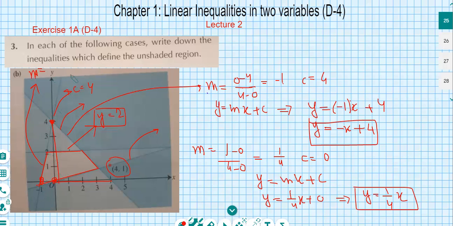So y2 minus y1 will be 4 minus 0 over x2 minus x1 will be 0 plus 1. So the gradient will be 4, whereas the y-intercept is also 4. So the line equation will be y equals mx plus c, where m is 4 and c is 4. So this is the equation of the fourth line: y is equal to 4x plus 4.